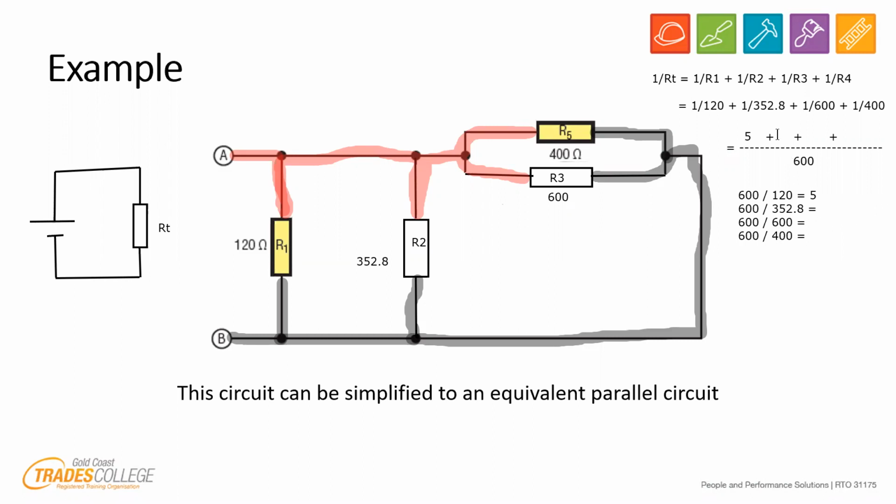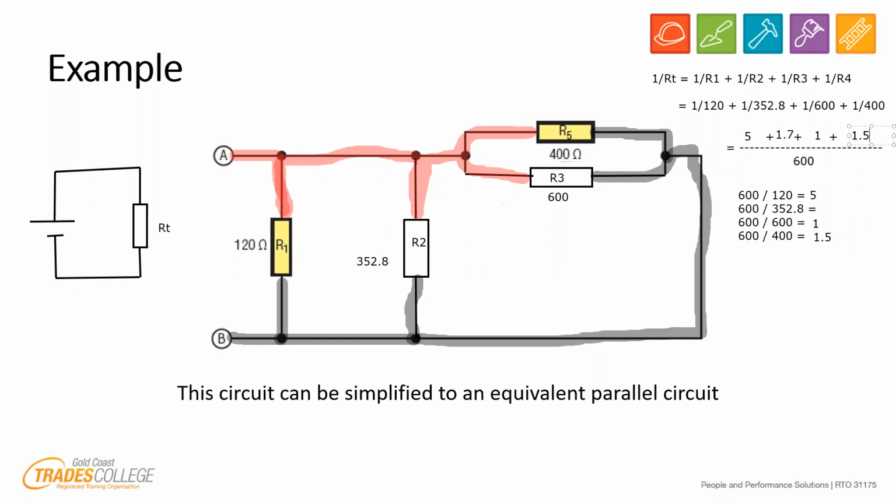So 1.7 will go there. Obviously the next one is 1, so 1 goes in there, and that leaves me with the bottom one. This is 1.5. You can see where I'm getting these top line values from. Okay, 1.5.